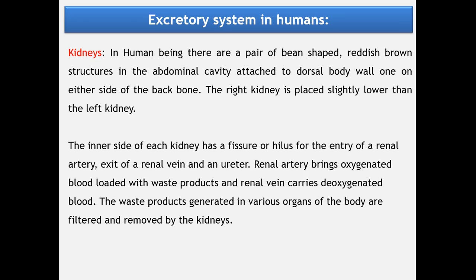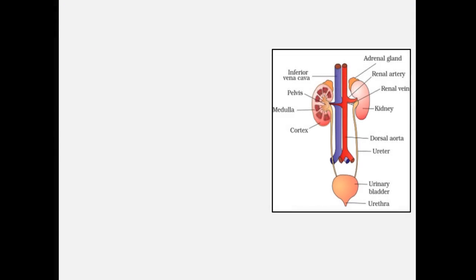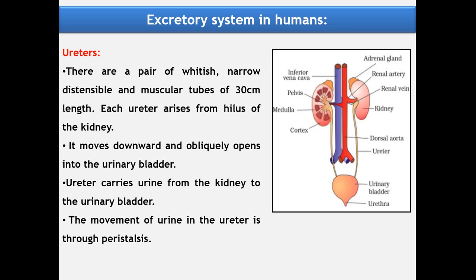The renal vein brings the deoxygenated blood out of the kidney. The waste products generated in various organs of the body are filtered and removed by the kidneys. That is the main function of the kidneys. They filter the waste products generated in various organs of the body during metabolic activities.